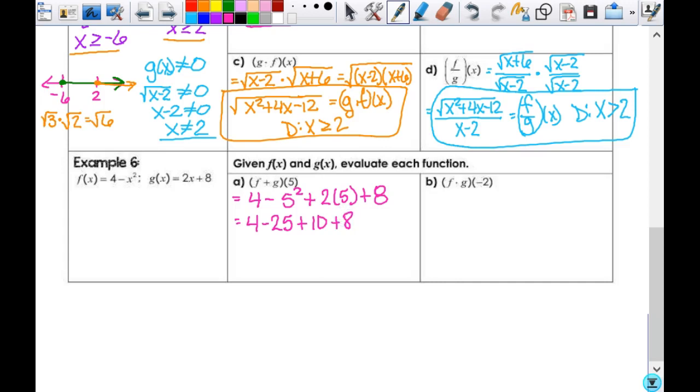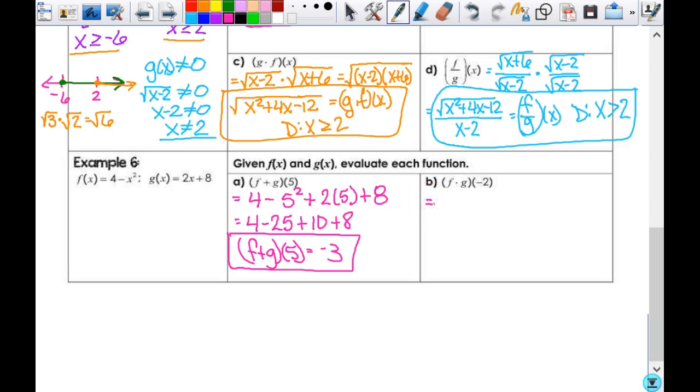If I was doing this, I wouldn't just go straight left to right. The 10 and the 8, pretty easy to put together for like 18, right? And then add 4, so that's going to be 22. So I have a positive 22 and a negative 25. What does that give me? Negative 3. f plus g of 5 is equal to negative 3.